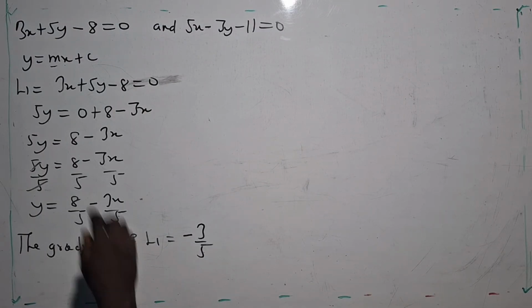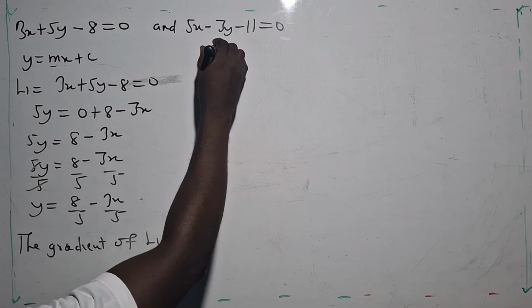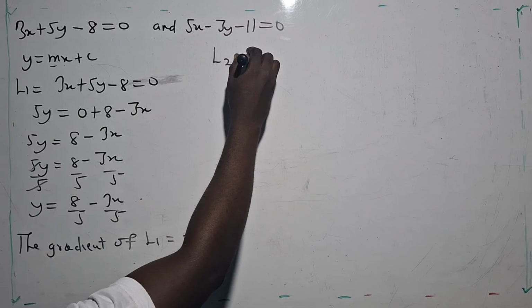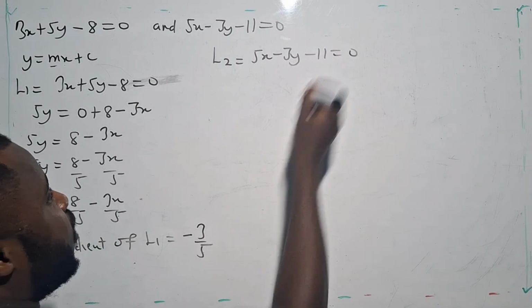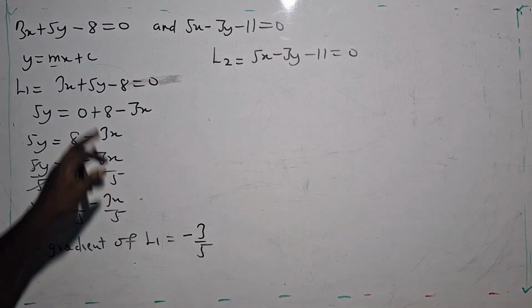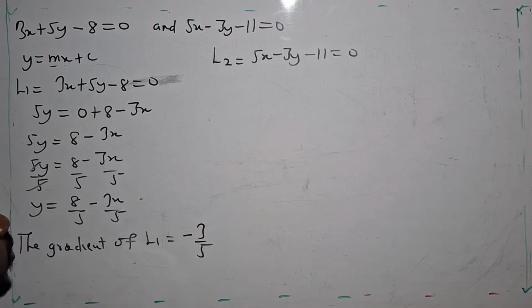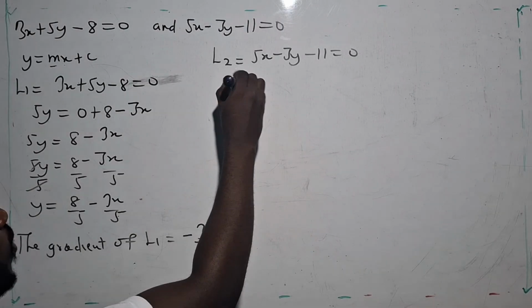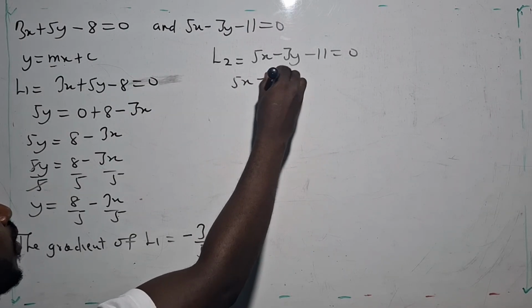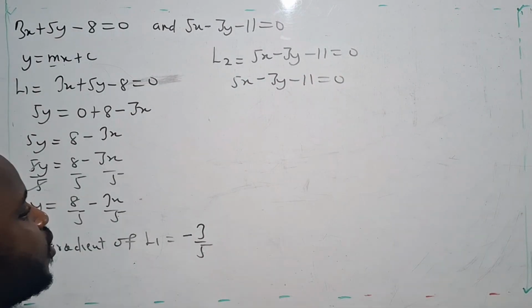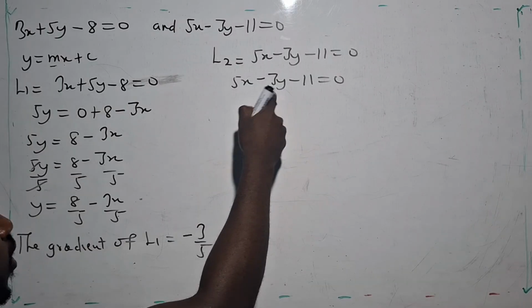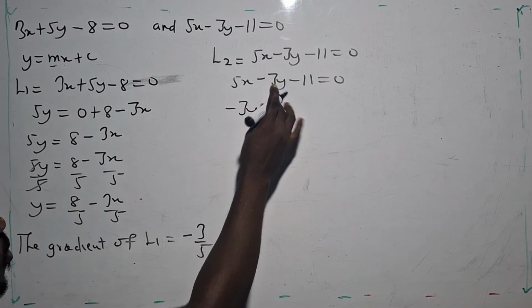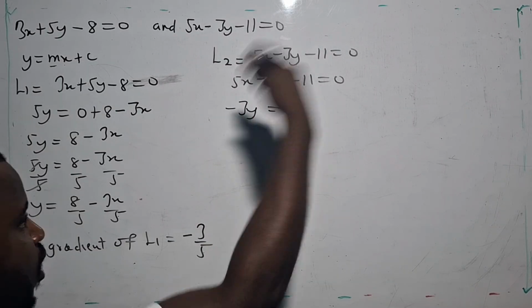So let's find the gradient of line 2. L2 is 5x minus 3y minus 11 is equal to 0. We are still leaving our equation in the form y is equal to mx plus c. So here too we have to make y the subject. I'll leave the negative 3y, and since the negative is affecting this one, I'll send the rest across.